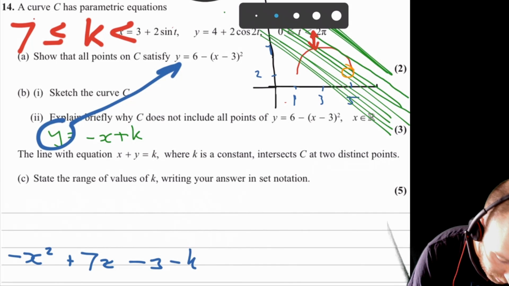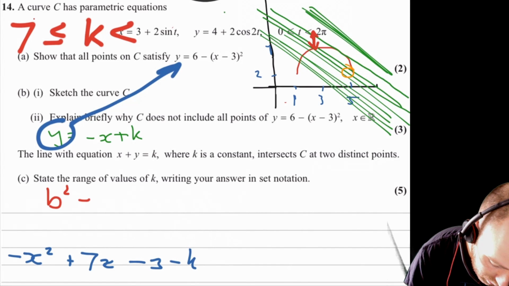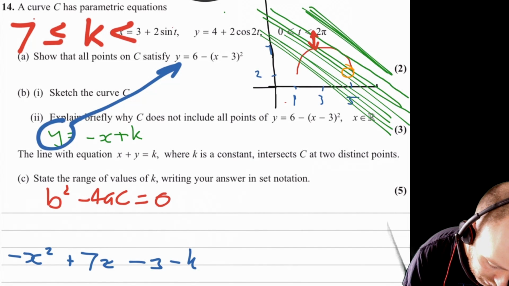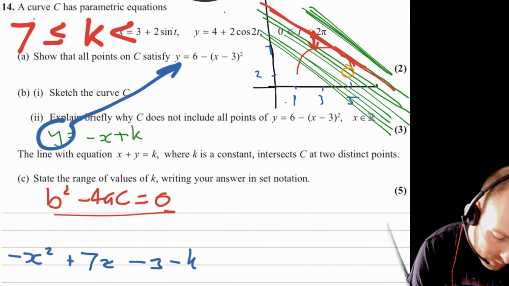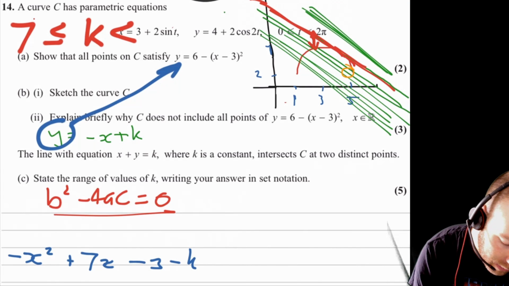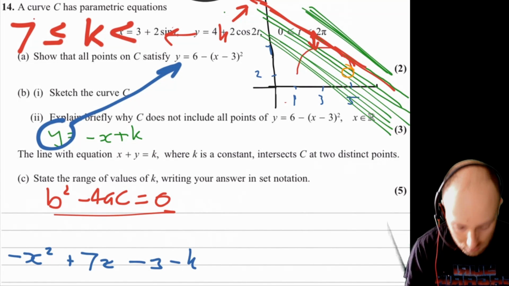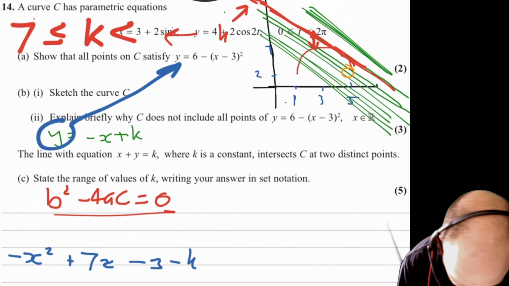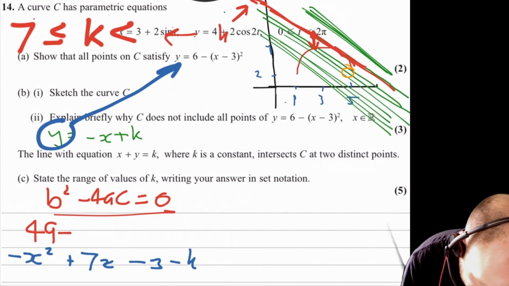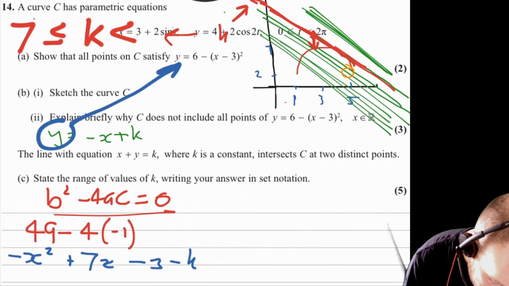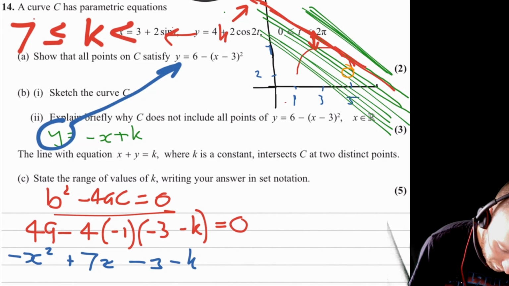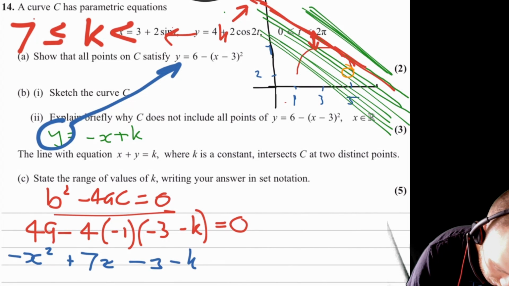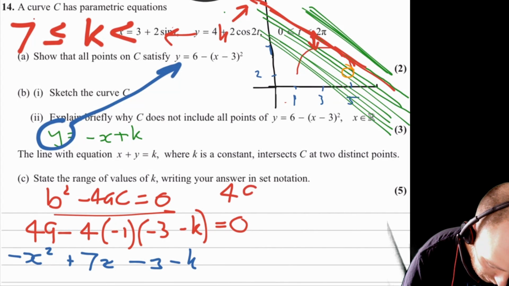So we need to do the discriminant on this. So b squared minus 4ac equals 0, because we want to try and find this line here where it touches once, and k is going to be less than that value, going there. So putting it in, we get 49 minus 4 lots of minus 1 times minus 3 minus k, which will equal 0. So we're saying 49.